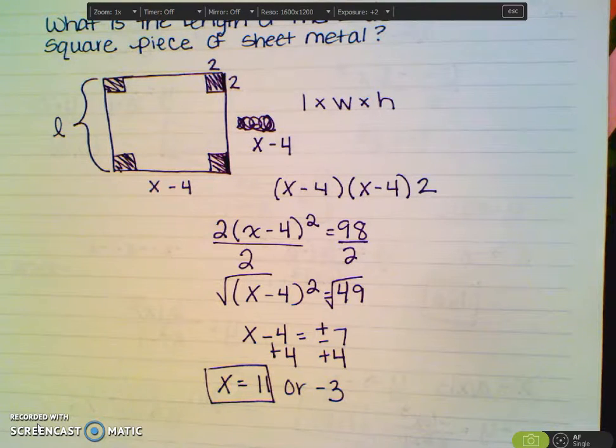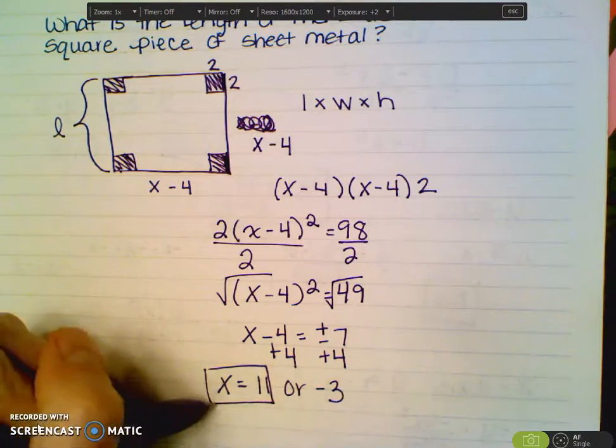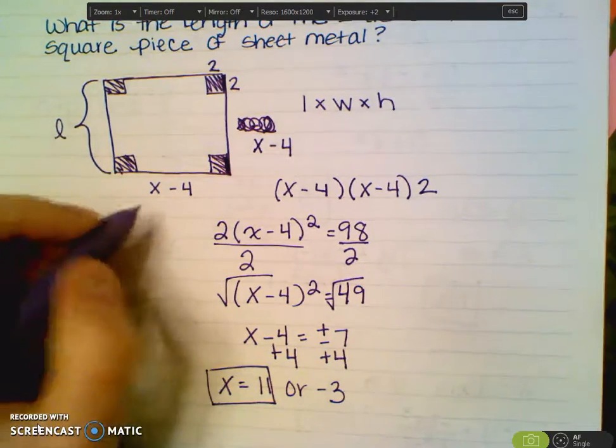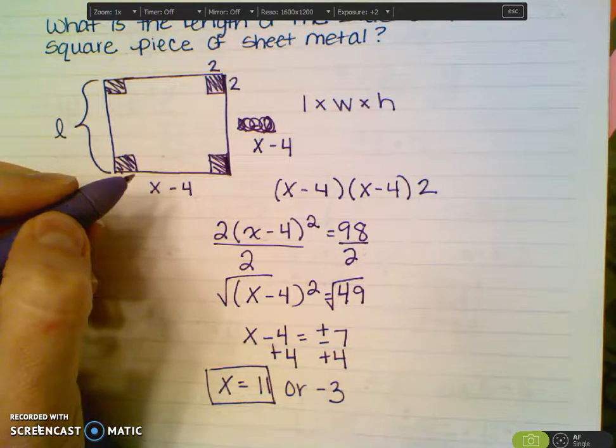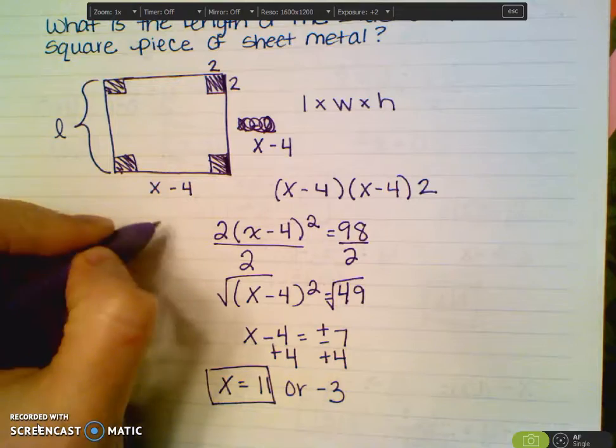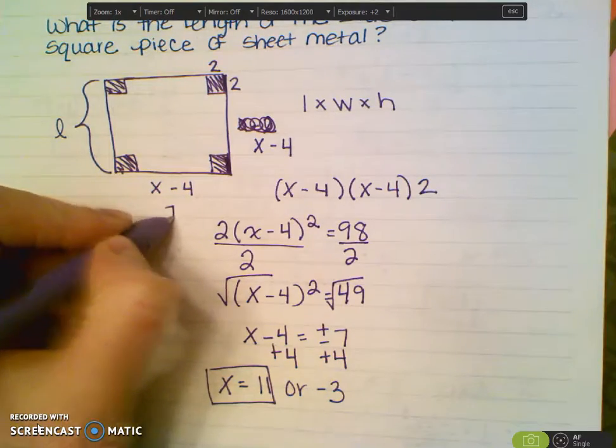So what is the length? It'd be 11. And in order to check and make sure that I was correct, you'd plug in 11 for x. So I would have 11 minus 4, which is 7.